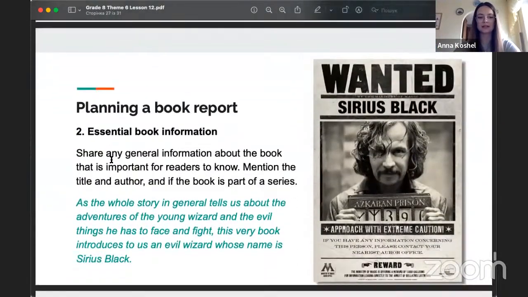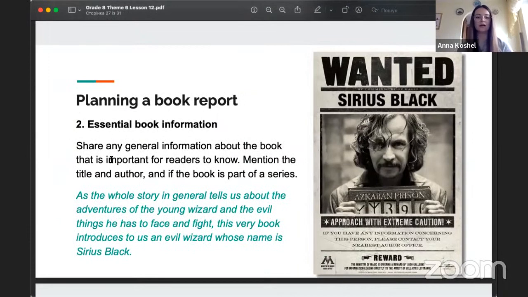Then let's take a look at the second part, the second step. Другий крок, що ми пишемо в відгуці про книгу. Essential book information or important information from the book. We share any general information about the book that is important for readers to know. We need to mention the title, the author, and if the book is part of a series.